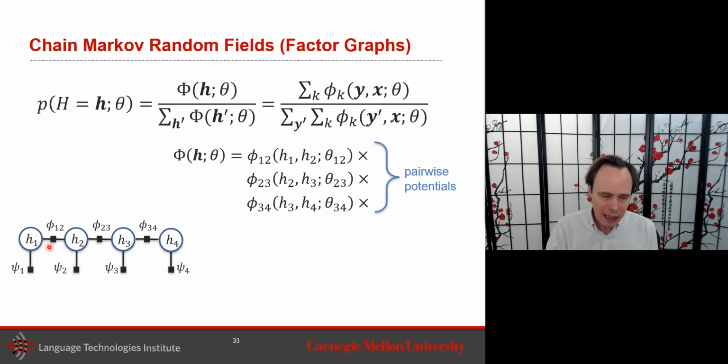And that's why you should not see it as P of H2 given H1, which is the way you would look at it from an HMM. No, here this is a symmetric relationship, like how likely these two events co-occur at the same time. That's the simplest way to see the potential: that these two events co-occur at the same time. And the formulation looked like an HMM.